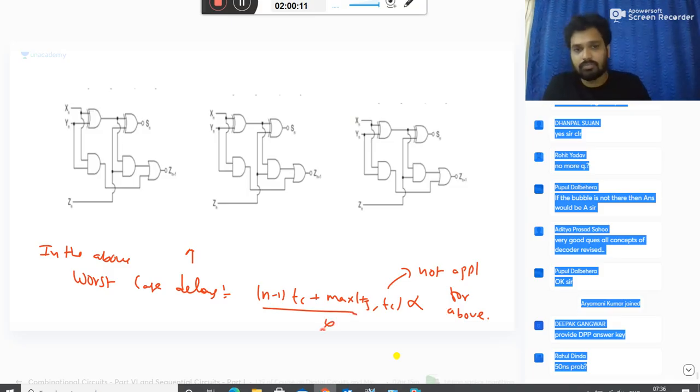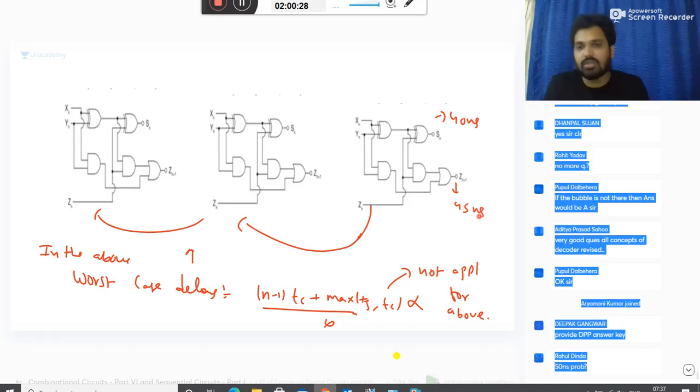Why? Because here you are giving this carry to this, and this carry is given to this. To generate the sum, it requires 40 nanoseconds. To generate the carry, it requires 45 nanoseconds. When this comes here at 45 nanoseconds, by that time this 20 nanoseconds part is already ready.